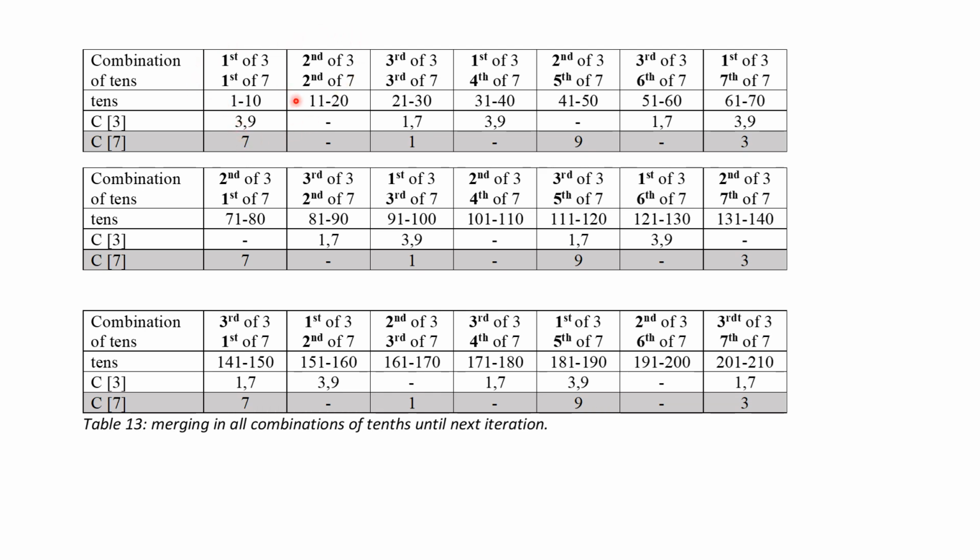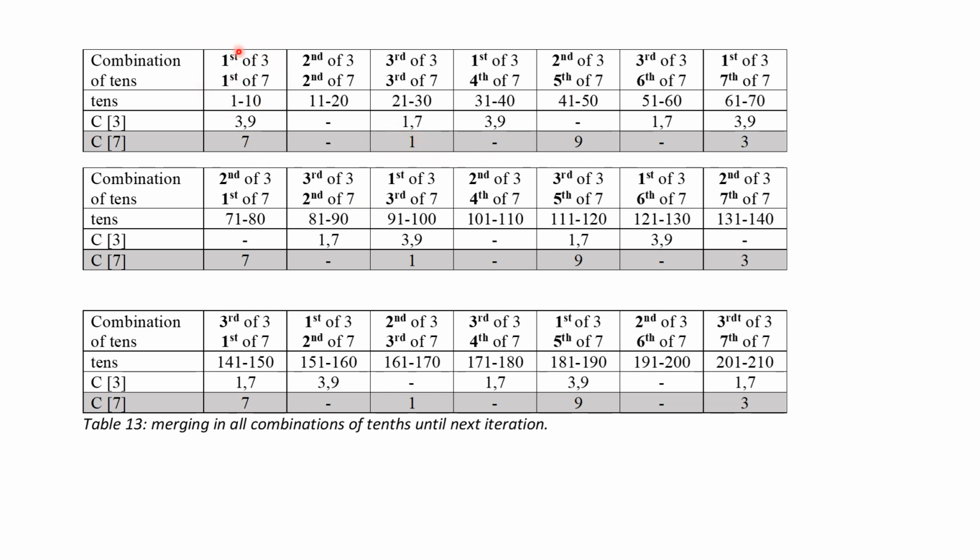And we have the second 10 of the cycle of 3 with the second of the 7, and the third of 3 with the third of 7. And now here we have the first 10 of the cycle of 3 with the fourth 10 of the cycle of 7. And all of them are combining, all possible combinations, but without repetition.